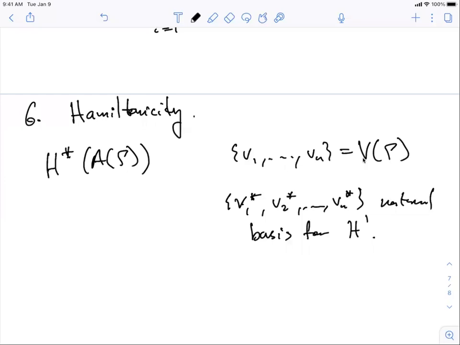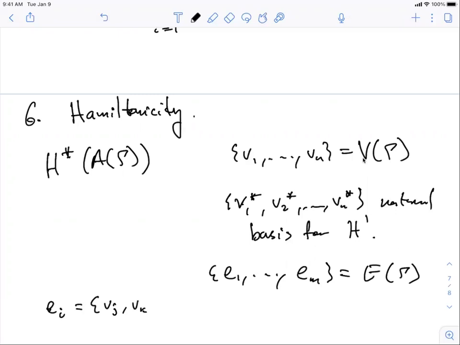Now moreover, we can enumerate the edges, say E1 all the way to EM. These are the edges of gamma, and we can write that Ei is determined by a pair of vertices Vj, Vk.